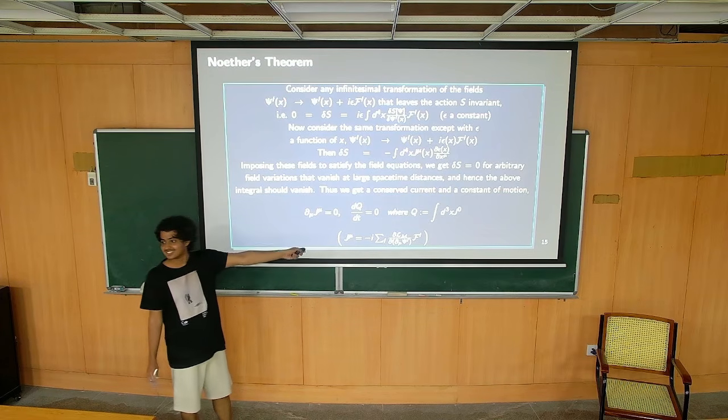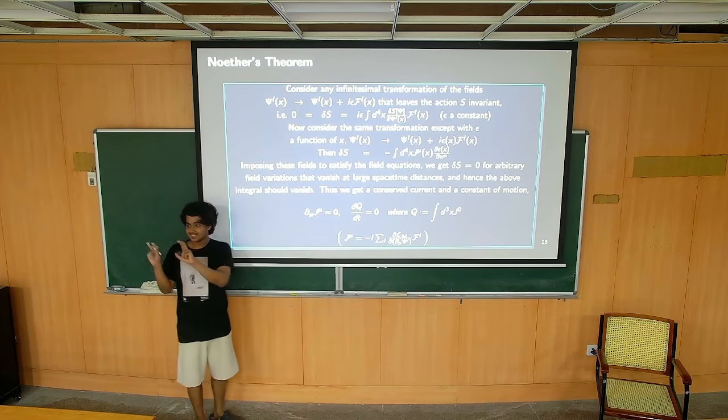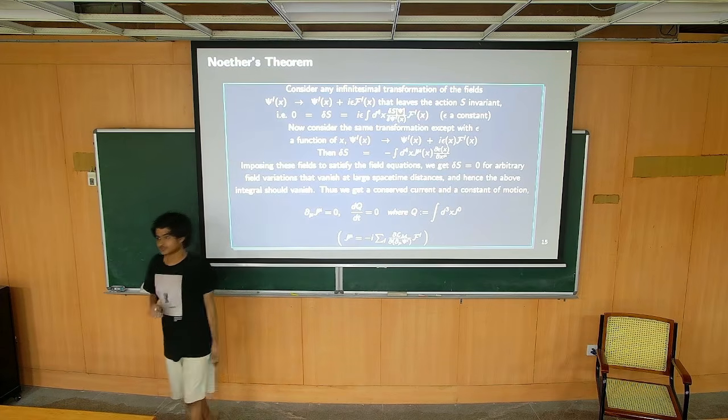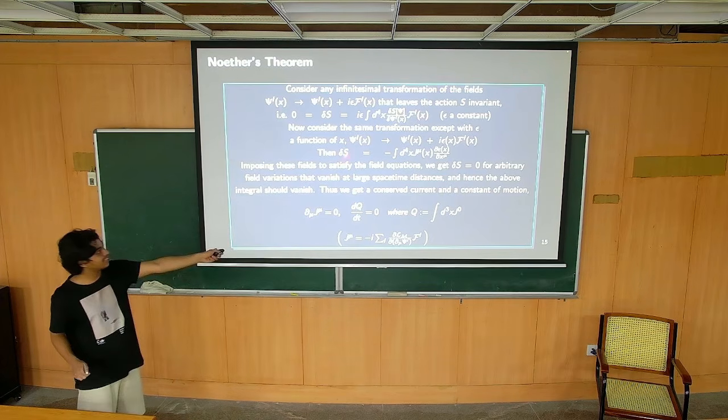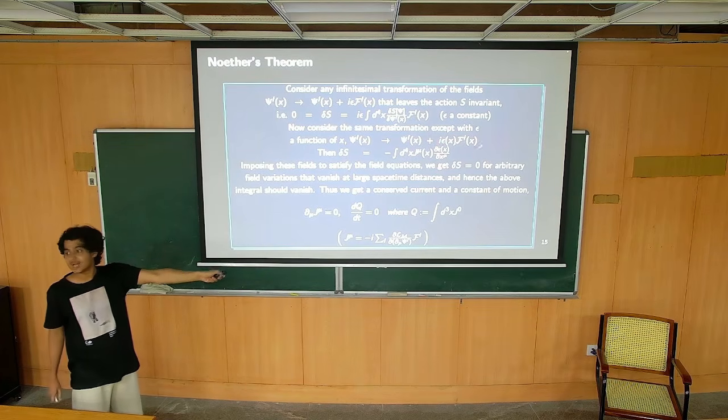When there is a Lagrangian density, it will be of this form. Delta S has a non-zero term coming from this, which is the coefficient of dou epsilon by dou x. I'm defining that as J.